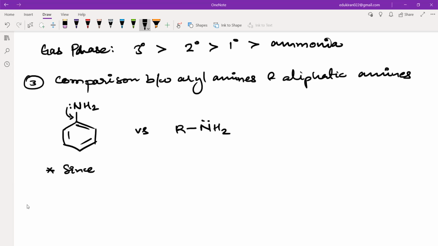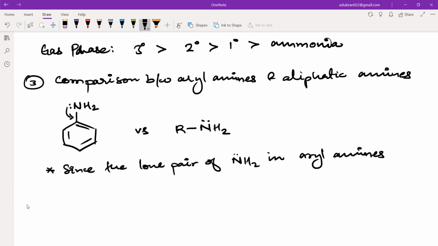Since the lone pair of NH2 in aryl amines is delocalized, that means it is revolving in the ring.